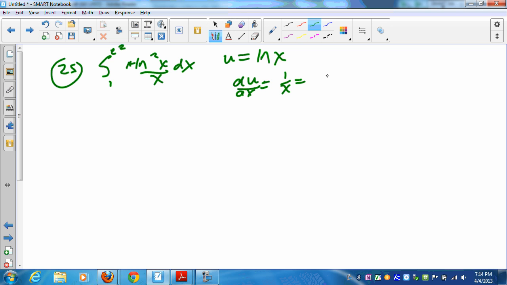So try to keep this confined over here to the right side. We have that du times x is equal to dx. Alright? So, and what if I wanted to change my limits of integration? If u is equal to ln of x, let's try this. So to find the lower limit, what is the ln of 1? And what is u when we're doing the ln of the upper limit, e squared?